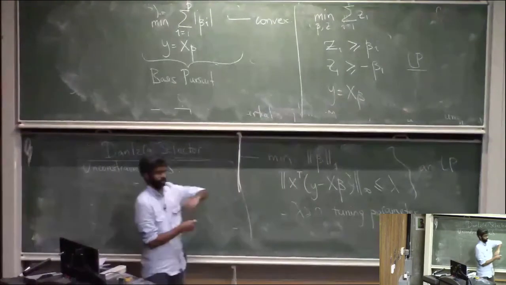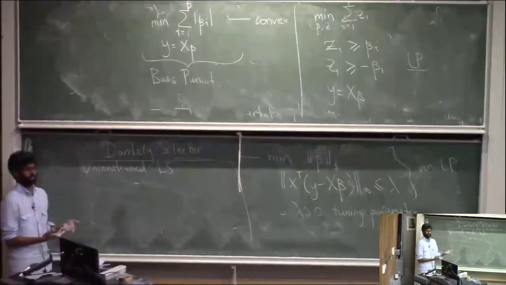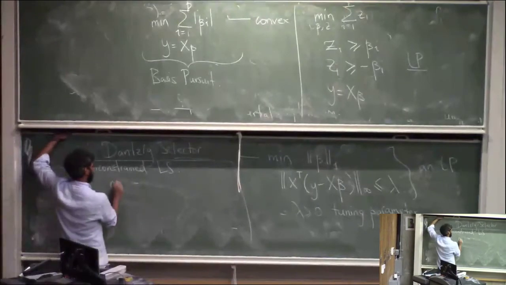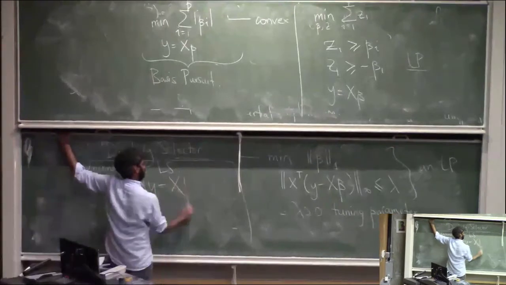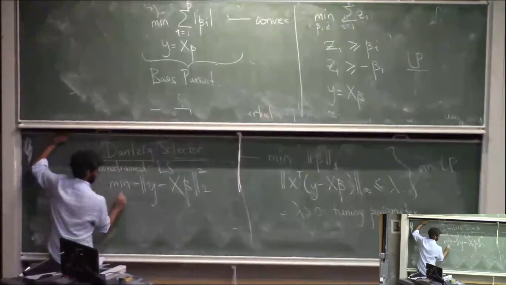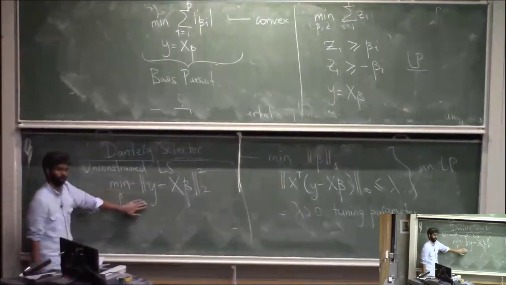Again, it's trying to fit x beta to some y's, but instead of fitting them exactly like in basis pursuit, you want to minimize the L2 discrepancy, right? So linear regression is the problem of minimizing the L2 norm of y minus x beta squared. So this is unconstrained least squares. You've seen this before, hopefully.